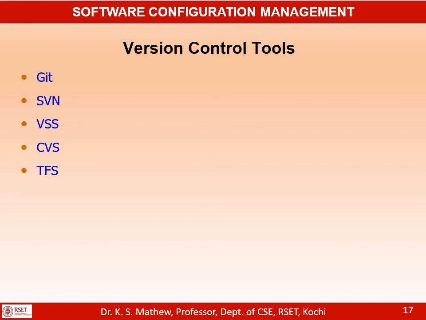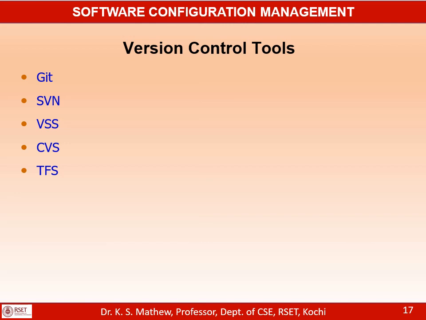There will be thousands of files in a software project, and all these files may be worked upon by multiple people, and the modification done by one member in one file could be overwritten by another person if it is not properly controlled. So it is nearly impossible to control these changes manually.